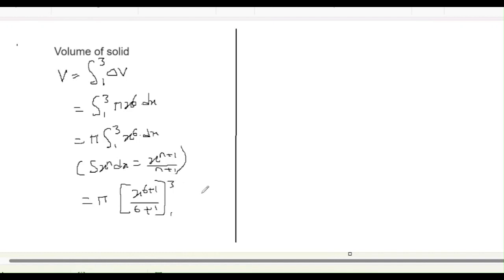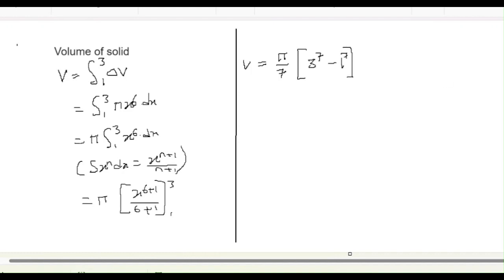To find the volume of the solid, now we just need to substitute the limits here. So the volume of the solid finally becomes V is equal to pi by 7, as 6 plus 1 is 7 which can be taken outside the limits, times the upper limit 3 to the power 7 minus the lower limit 1 to the power 7.